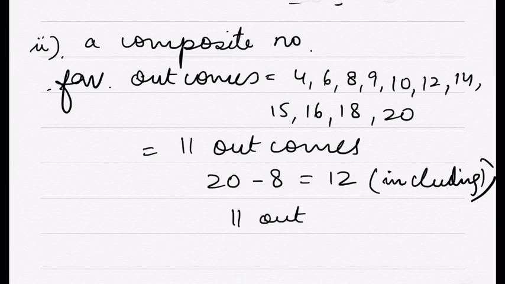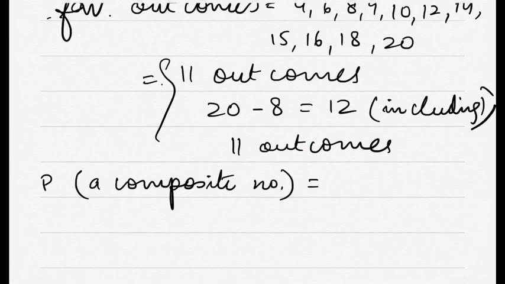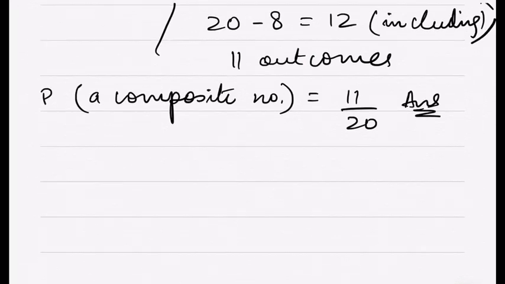But 1 is neither prime nor composite, so I'll say 12 minus 1 also, then again I'll get 11 outcomes. So any way you can consider to find your composite numbers in this question. So now the probability of getting a composite number will be equal to 11 by 20.